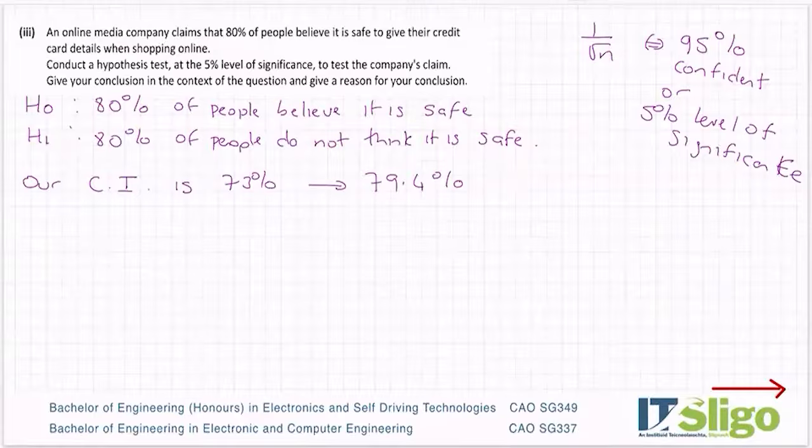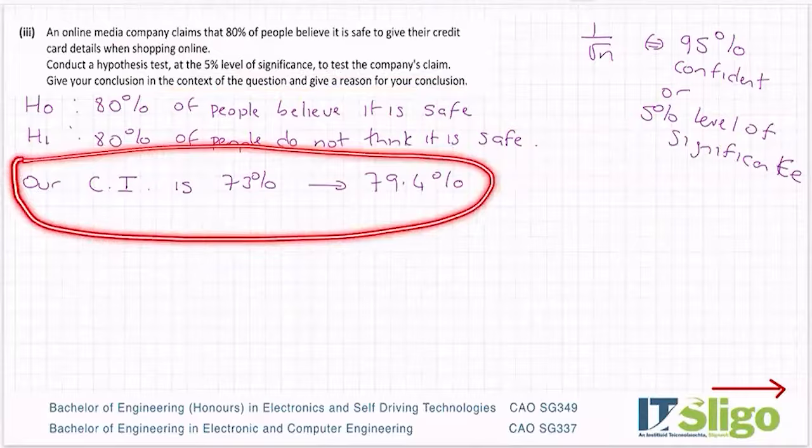Okay, so conduct a hypothesis test at the 5% level of significance to test the company's claim. Give your conclusion in the context of the question. So we've already done the work in part 2 to figure out the confidence interval.